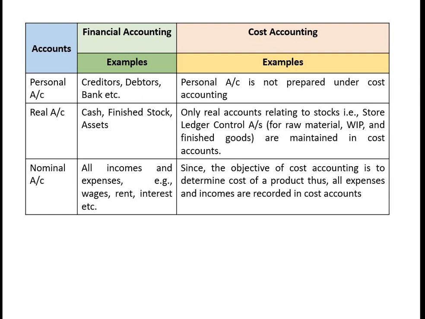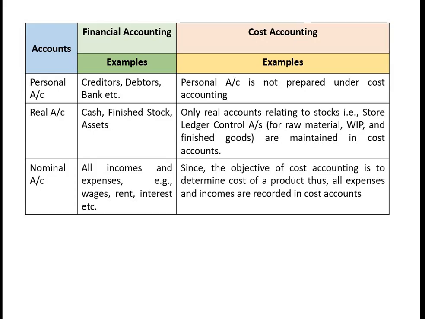In cost accounting, no personal account is prepared. In the case of real accounts, cash and finished stock, or you can say assets, are all real accounts. But in cost accounting, only real accounts relating to stock, store ledger control, raw material, work in progress, and finished goods are maintained.